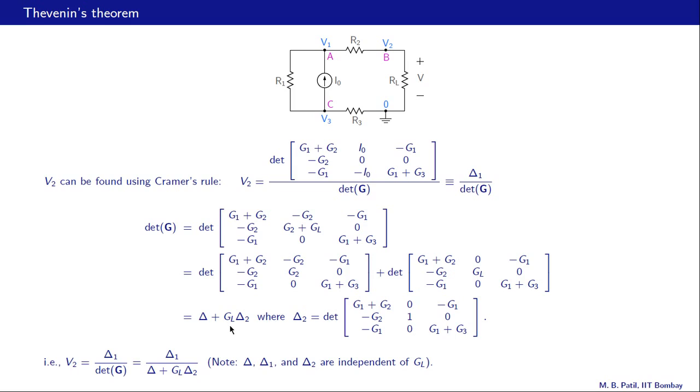So with these substitutions we can write V2 as delta 1 divided by the determinant of G, that is delta 1 divided by delta plus GL delta 2, where delta, delta 1, delta 2 are all independent of GL. So the only dependence of V2 on GL is right there.